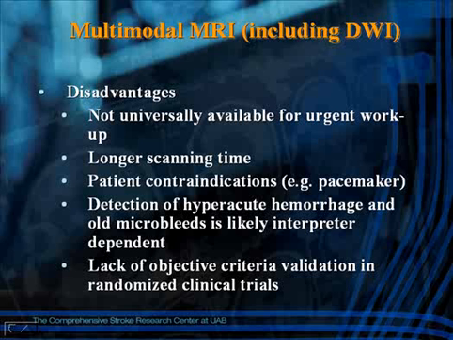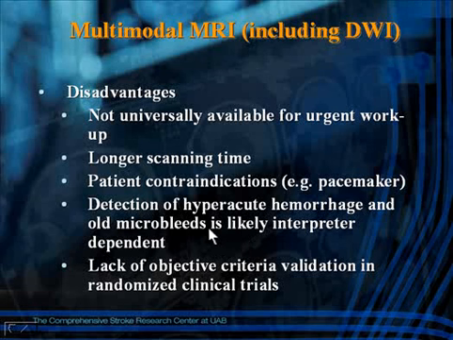Not impossible, but difficult. Contraindications need to be kept in mind. For example, presence of metal or certain devices like a pacemaker. Patients may be claustrophobic. Patients may be unable to lie flat inside the scanner for a prolonged time.